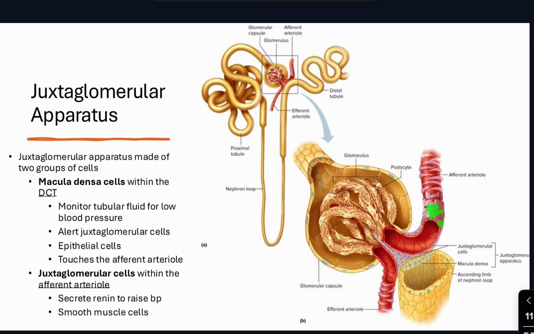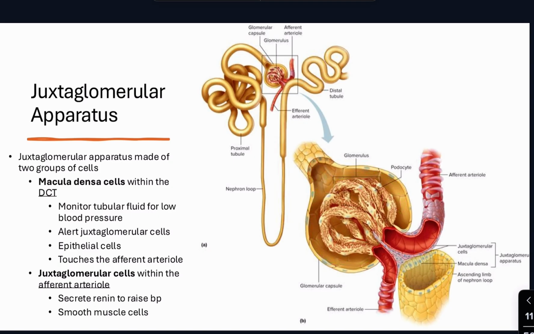The juxtaglomerular cells within the afferent arteriole are going to help secrete renin. Renin is ultimately going to help with the elevation of blood pressure, because that increased blood pressure is going to increase the pressure in the afferent arteriole entering the glomerulus, and therefore increase the amount of filtered product leaving the capillaries and entering the Bowman's capsule space.